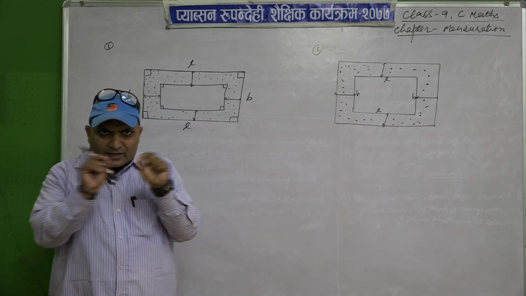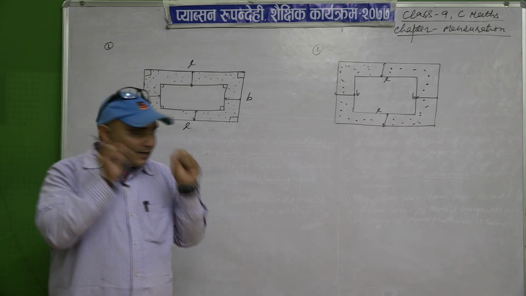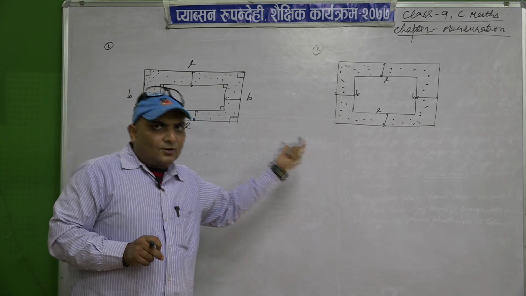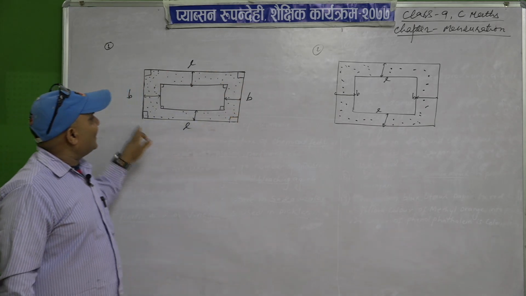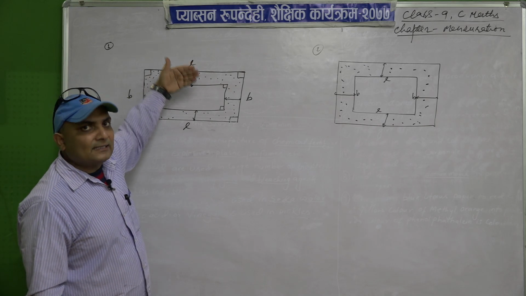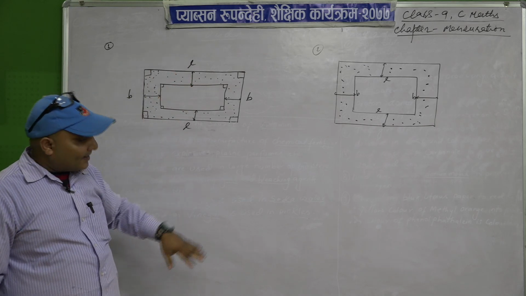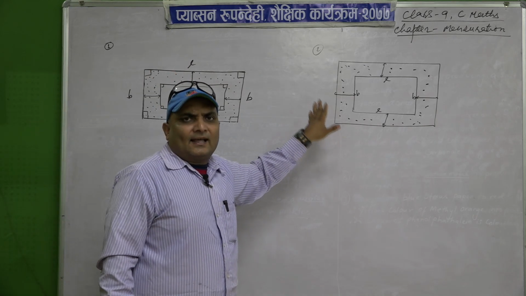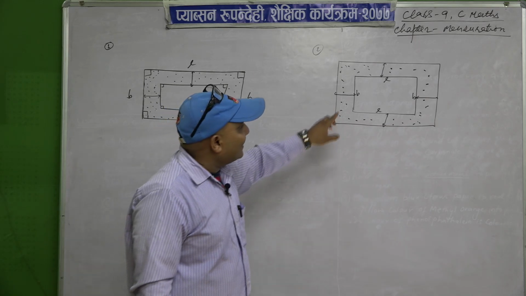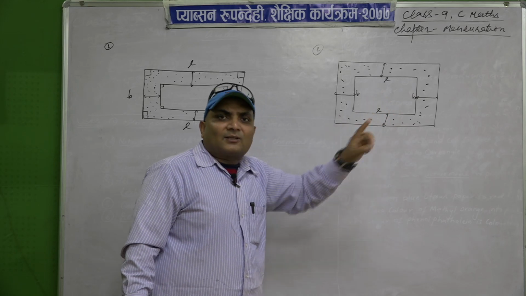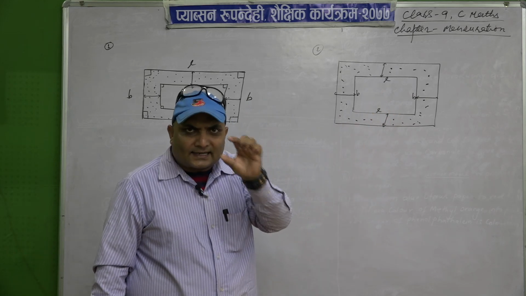Okay, you should be very careful whether it is inside or outside. If it is inside, then the length and breadth of the bigger rectangle is given. When it is said the path is outside, then you should be careful that at that time the length and breadth of the small, inner rectangle is given.